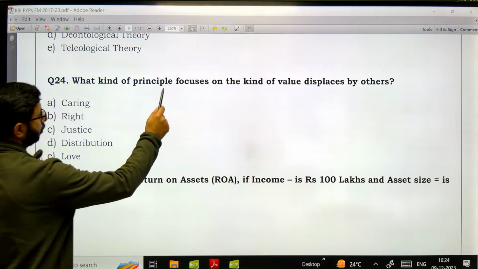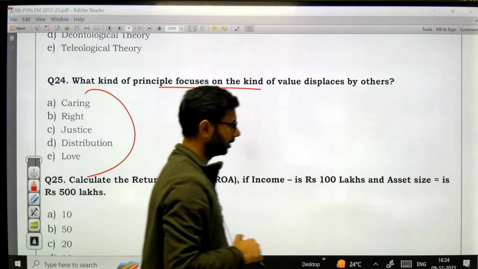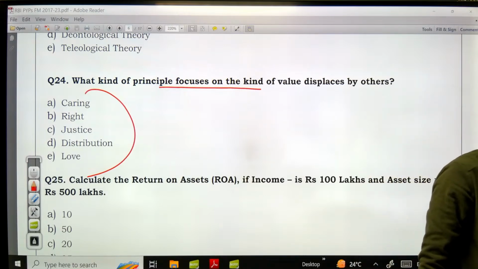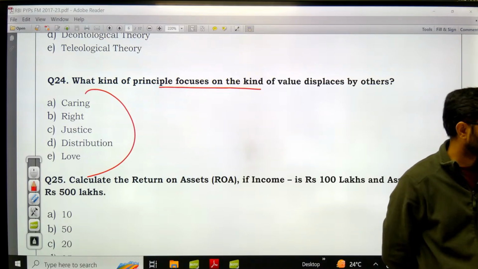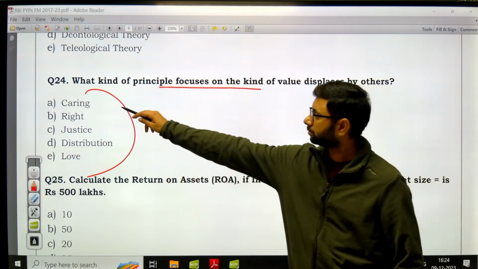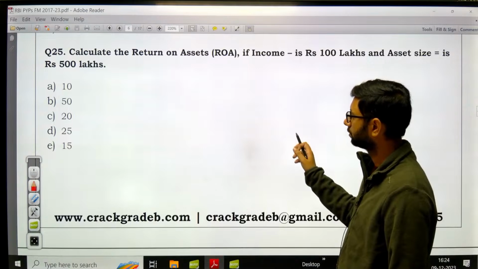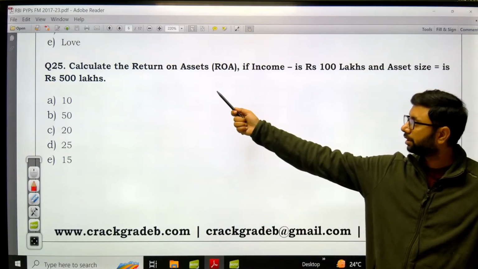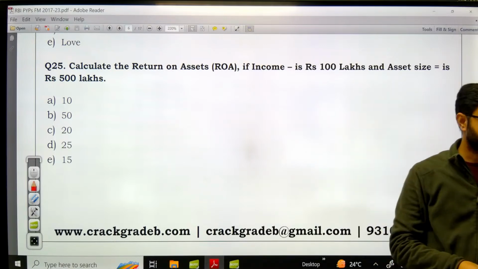Which kind of principle focuses on the kind of value displaced by others? Yes, caring is the correct answer. Now this is a numerical also. Calculate it. Calculate the return on assets if income is 100 lakhs and asset size is 500 lakhs.